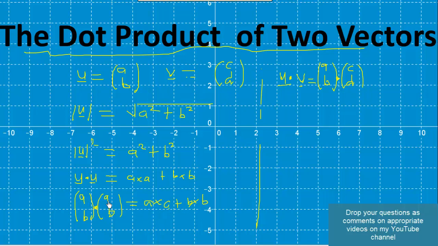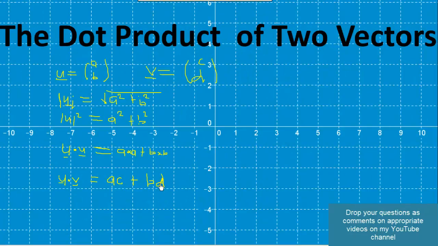We multiply the first components plus the second components. So this time our u dot v will be equal to a times c plus b times d. So this is the definition of a dot product of vectors.